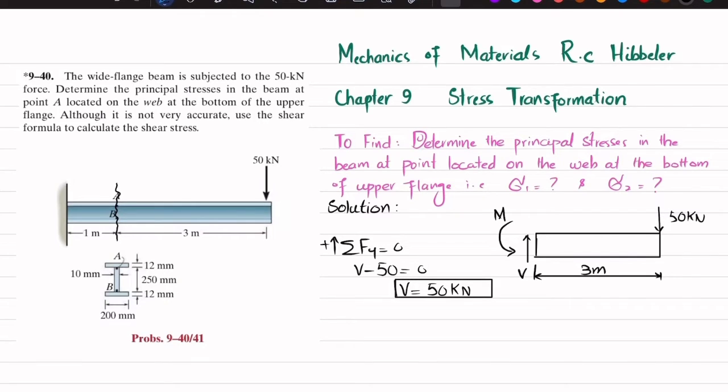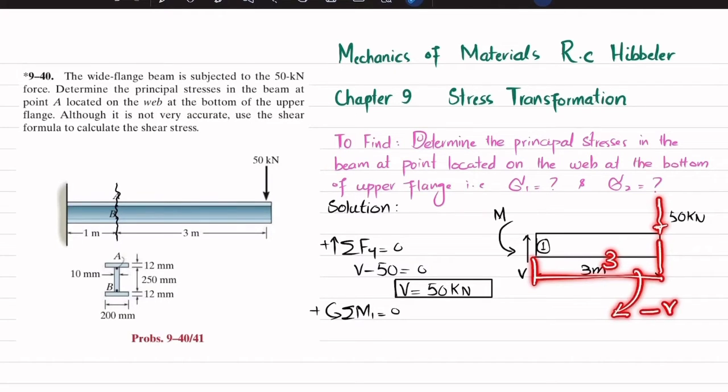And the moment can be obtained by using equation sum of all moments about point 1 is equal to 0, and taking the counterclockwise moment as positive. So you can see about point 1, this shear force is passing through it, so it is not producing moment. This force is producing moment, and the perpendicular distance is this 3 meter, and this is clockwise, so it will be negative.